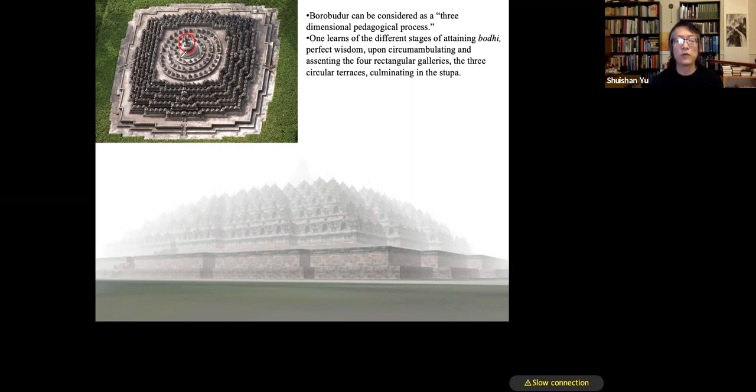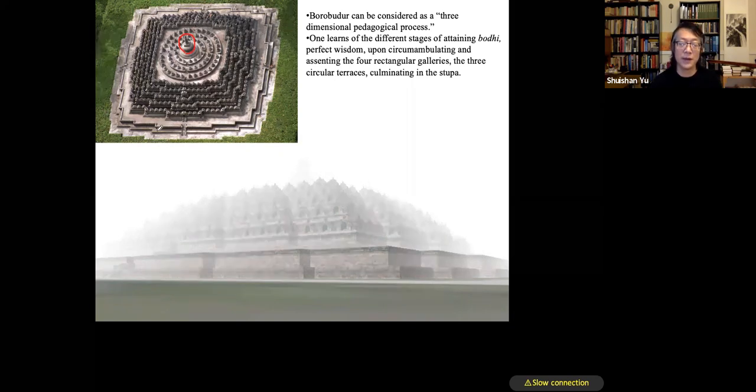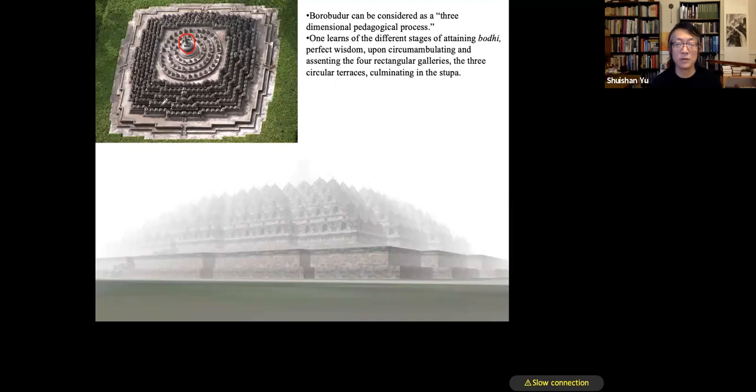So the ritual performed here is also the same as Sanchi Stupa. So you basically circumambulate clockwise. But here you can circumambulate it on many different levels. So that procedure is like the procedure of climbing up the ladder of beings, getting closer and closer to the enlightened situation and accumulating wisdom.